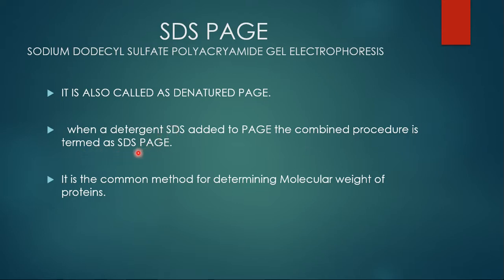That means if you add SDS, sodium dodecyl sulfate, to the PAGE, then we call it SDS-PAGE. But in native PAGE, we are not going to add anything, so that's why it is called native PAGE.